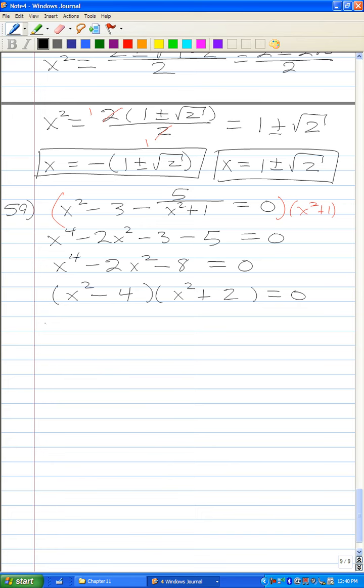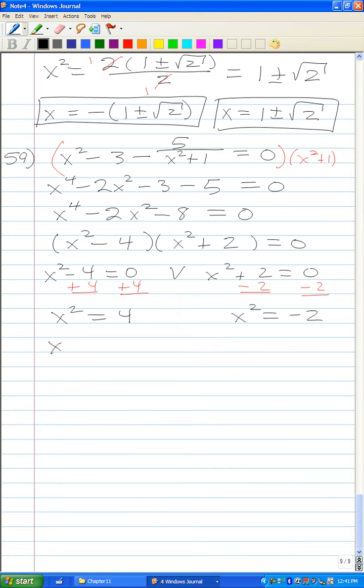Oh, maybe I'll just set each factor to 0 in this case and solve for x. Add 4, subtract 2. And so x squared equals 4, x squared equals negative 2. And so I have, by the square root property, x is equal to plus or minus the square root of 4, 2.